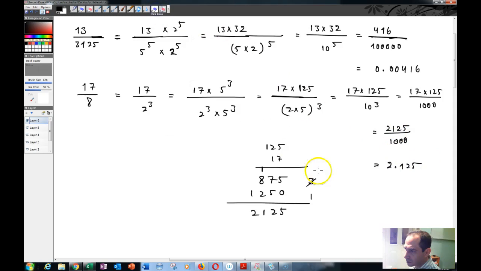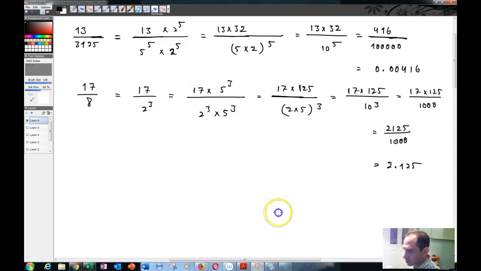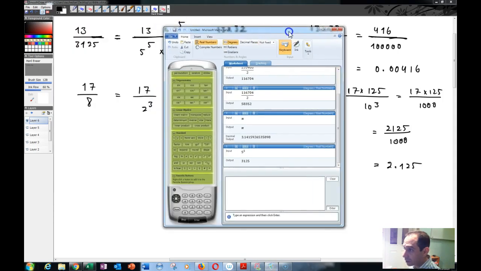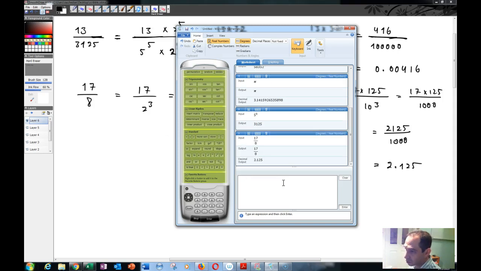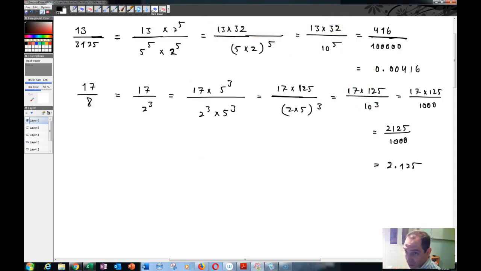It's a terminating decimal representation. And you can actually test this. For example, you can write 17 over 8, and you get 2.125. Okay, it's actually a pretty powerful tool that you have over here.